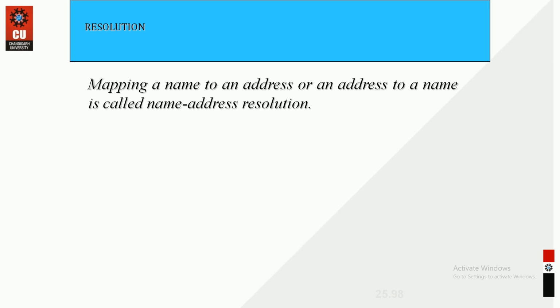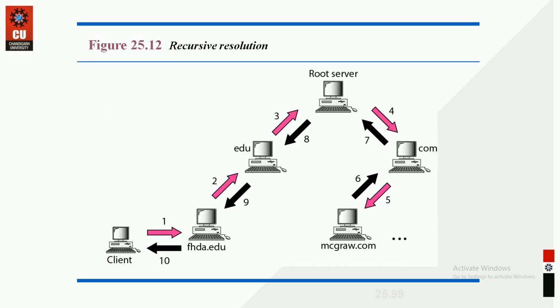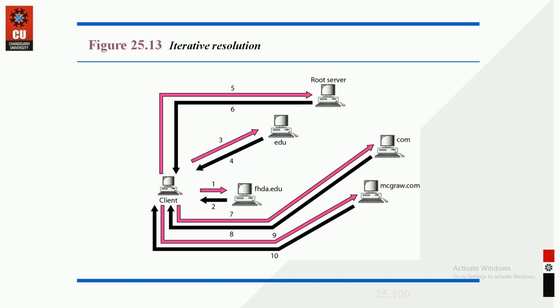Let's say we have www.google.com: google.com maps to some address, and the address maps to google.com. We have already done the practical regarding this. We installed the DNS server, then made an entry in DNS, an entry for the mail server, and gave the IP address. So this is how it works, like how this resolution will be done, right?